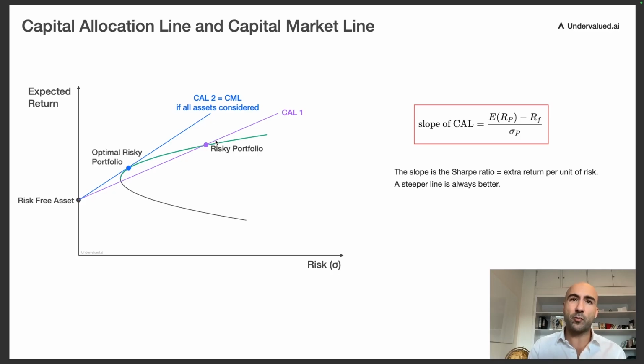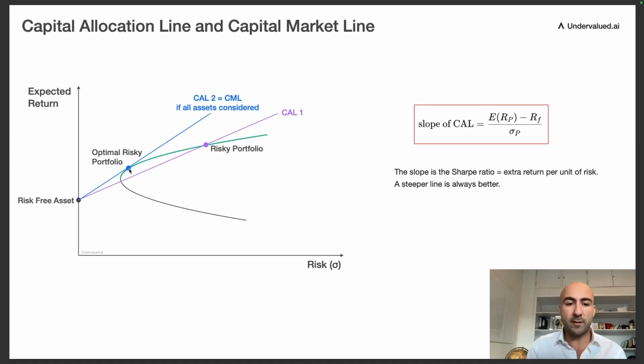The most efficient one, the special case, if you want, of the capital allocation line is the CML. So it's a portfolio that is no longer comprised of just the risk-free asset and any risky portfolio, but the risk-free asset with the optimal risky portfolio, which is usually composed of all the available risky assets.